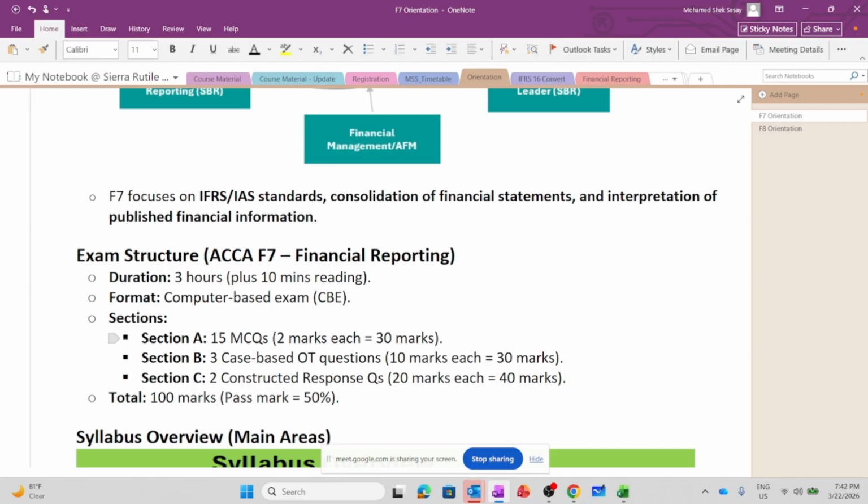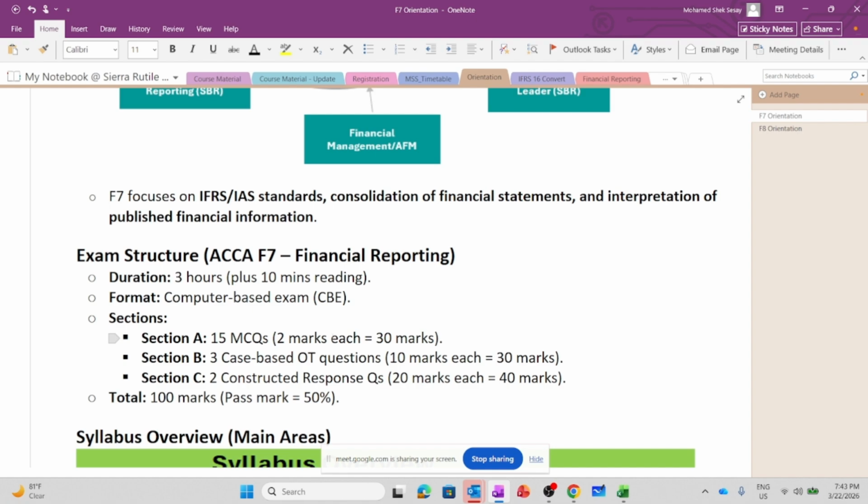For example, the first portion will be 5 questions, scenario-based. The scenario will be given in the exam. For example, cash flow, ratio, whichever the scenario might be. Thereafter, from the scenario, you will have 5 questions to answer. Each question will carry 2 marks. So the cumulative mark for section B will be 30 marks.